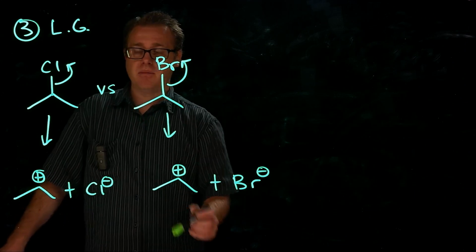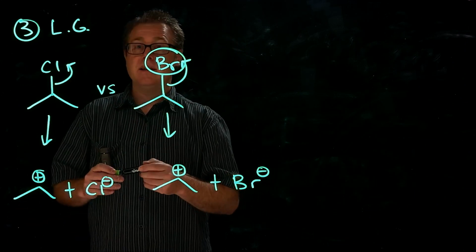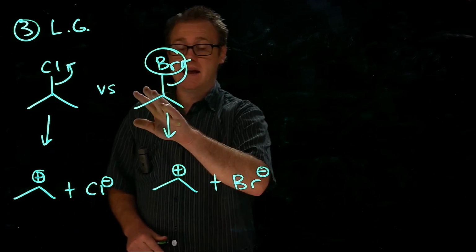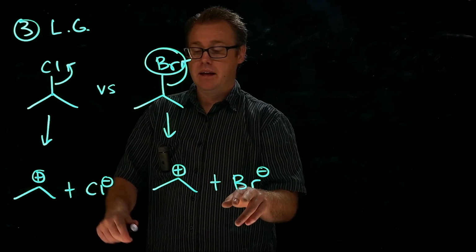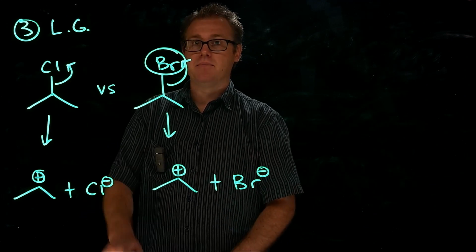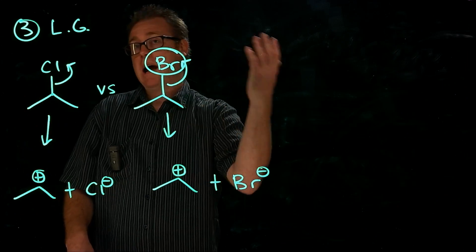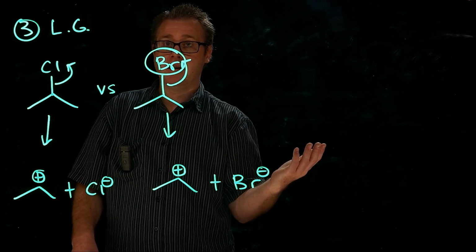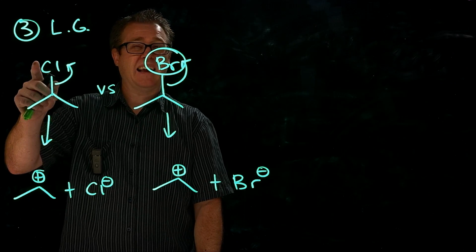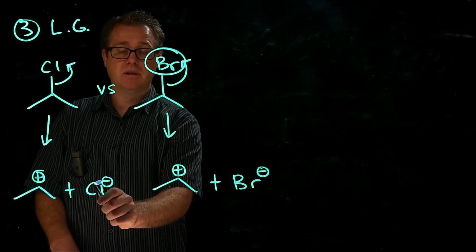So we can say from this analysis that the bromine right here is the better leaving group because after it has left, it's going to be more stable than the chloride. And if these two atoms could talk, the bromide's like, yeah, I can leave. Doesn't bother me at all. Whereas the chloride's like, I can leave, but it's going to hurt a little bit. And I'm going to be uncomfortable in this way.